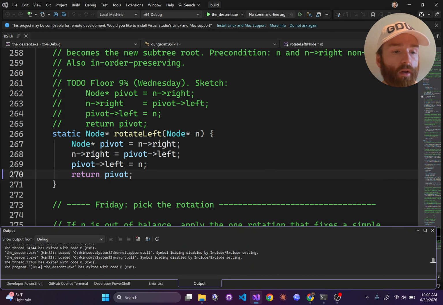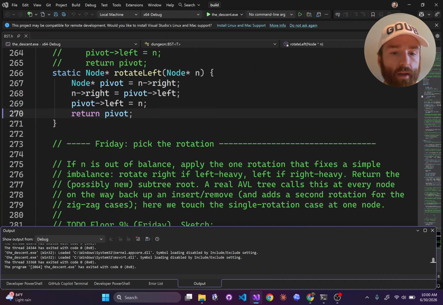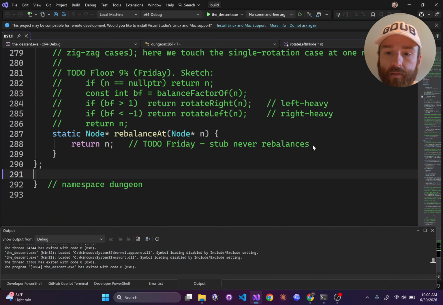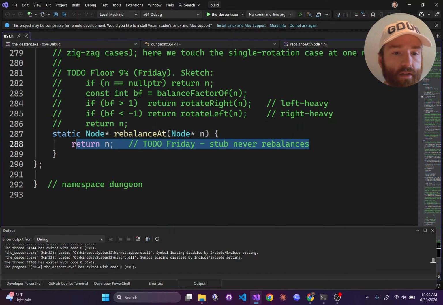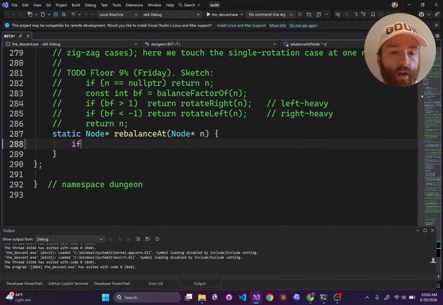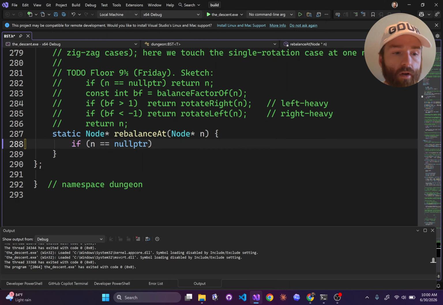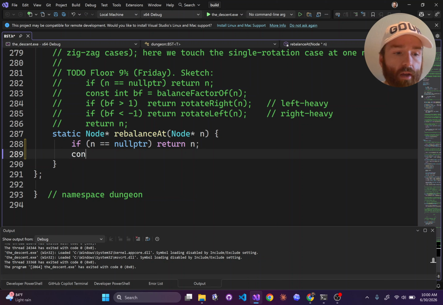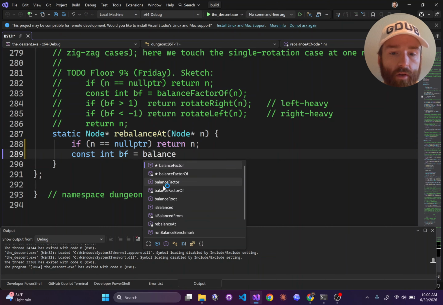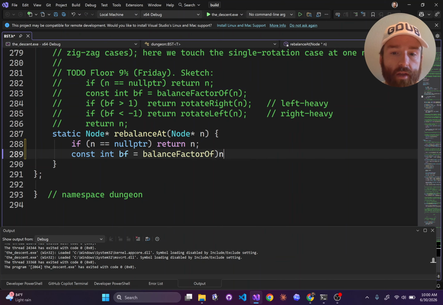Perfect. And then let's go ahead and get to our rebalanceAt function, which I was already here in our hero/BST header file. We're going to say if n is equivalent to null pointer, we'll say return n. We'll say const int bf for balance factor equals balance factor of n.